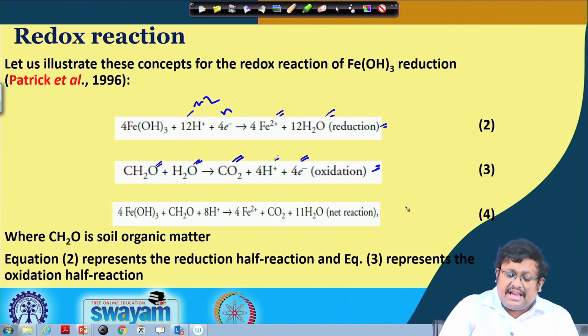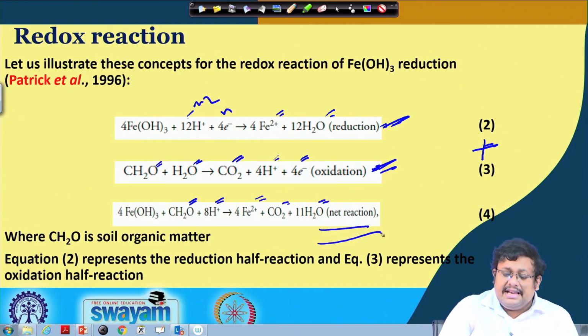So, this is an oxidation reaction, and so finally, if we combine these two reactions, oxidation reaction and reduction reaction together, that is reaction 2 plus reaction 3, we will get this final reaction where 4 molecules of ferric hydroxide and organic matter in the presence of 8 protons will produce 4 ferrous ions, carbon dioxide and 11 molecules of water. So, this is the net reaction.